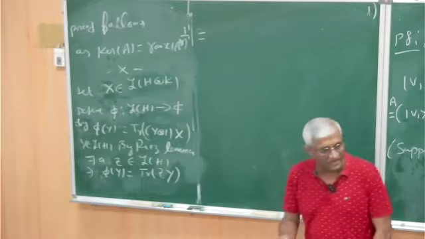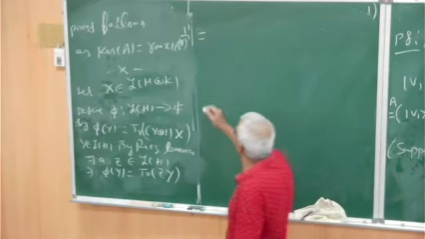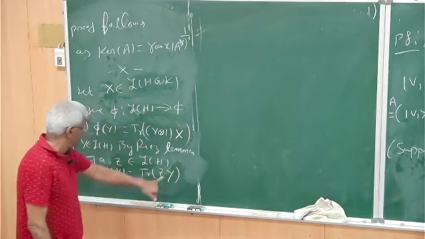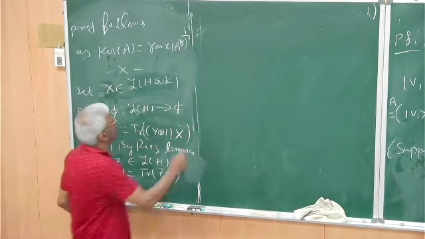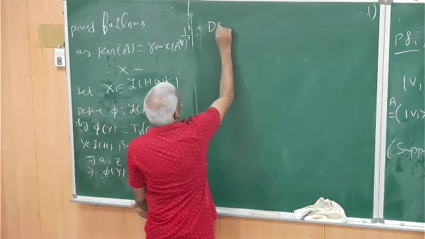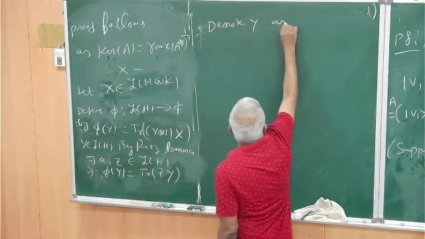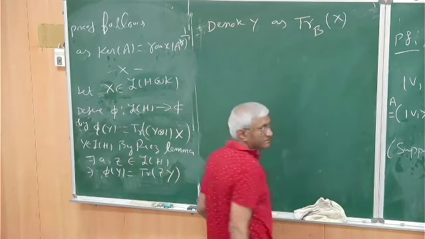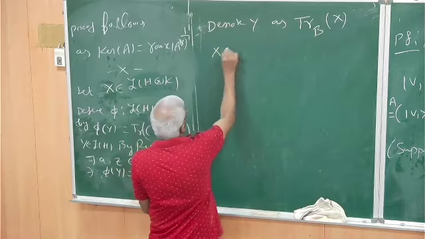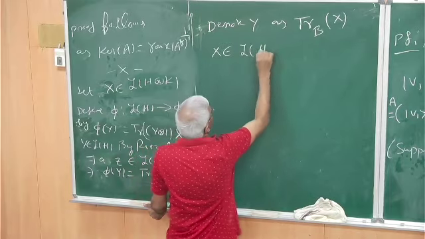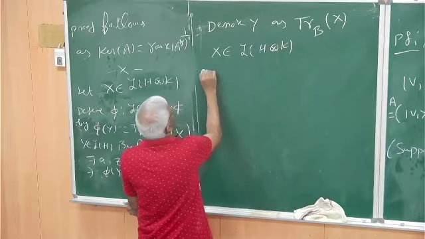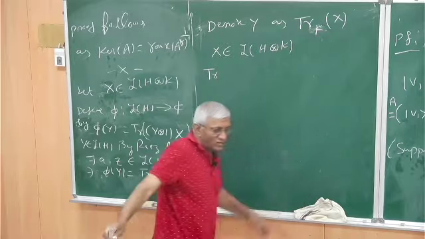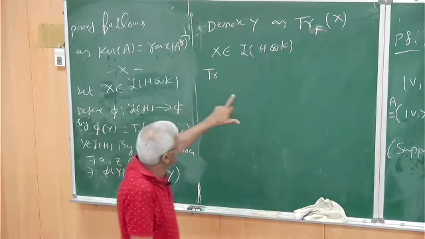So this is what is called partial trace. Call this Y, denote Y as tracing with B of X. What we have, let me write it again. X is in L of H tensor K. Then this is trace K, not B. I wrote B because usually in a quantum system you call it XA, XB.